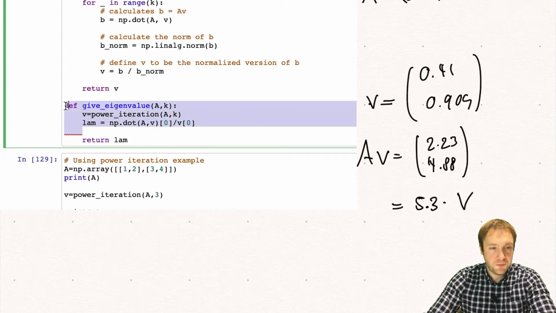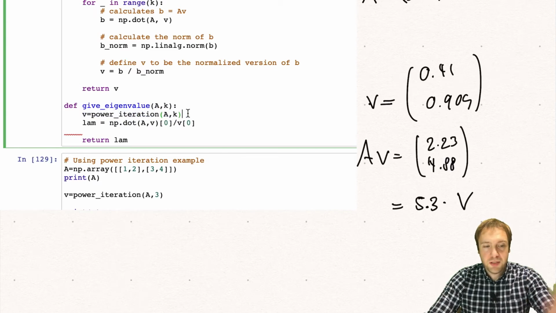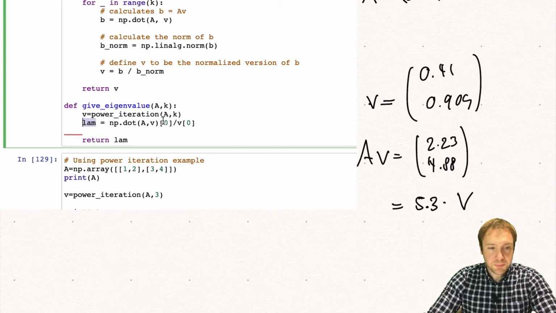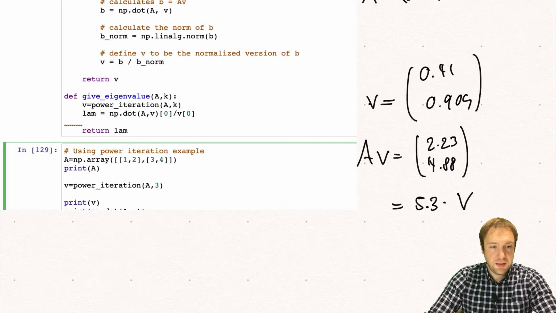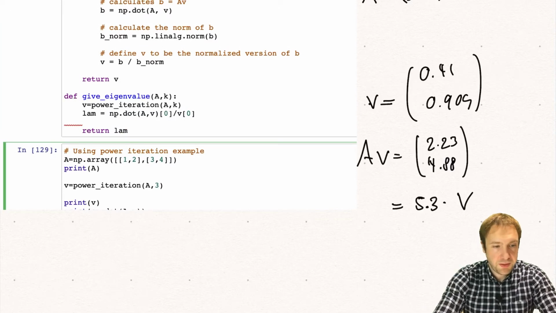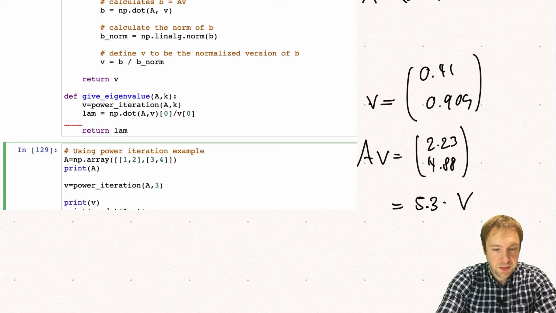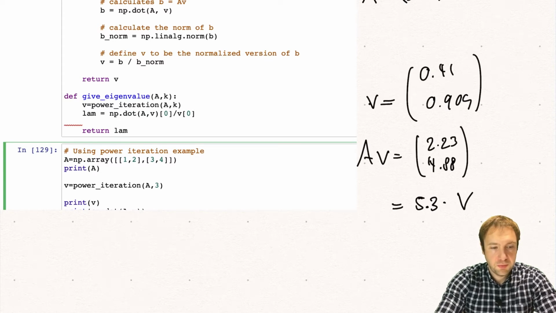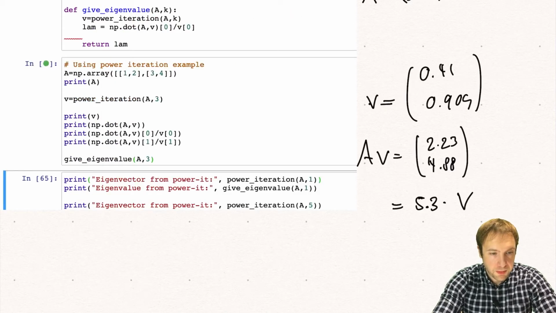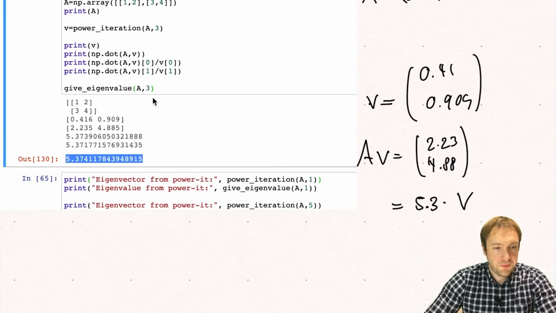For example, you could define this function to give the eigenvalue: do the power iteration, then lambda is the first entry of the product divided by the first entry of the vector, and then return this eigenvalue. In this example, it gives the eigenvalue of my matrix A after doing 3 iterations. In this case it gives 5.3.